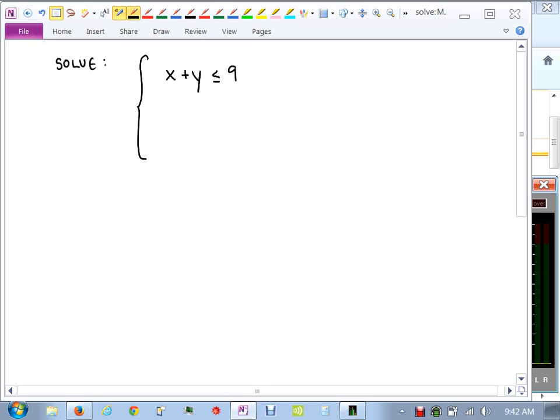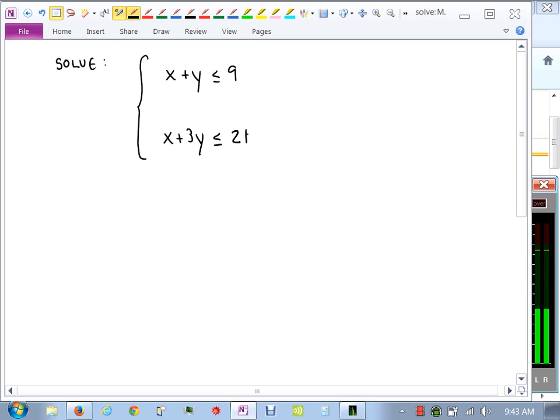And X plus 3y less than or equal to 21. I'm actually stealing these problems right now from the business math book. Okay, so I'd like to solve this.